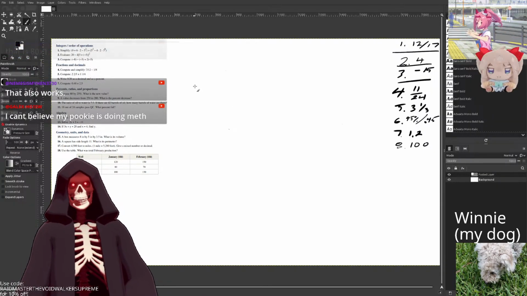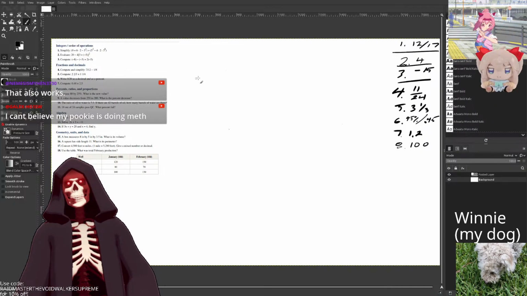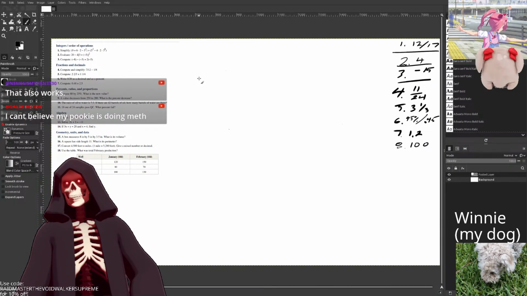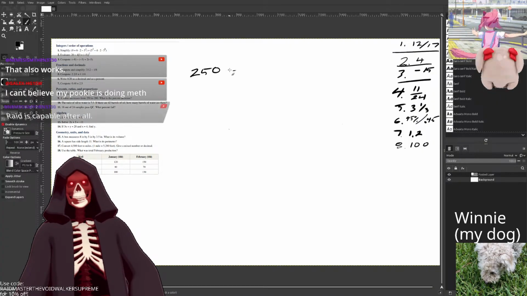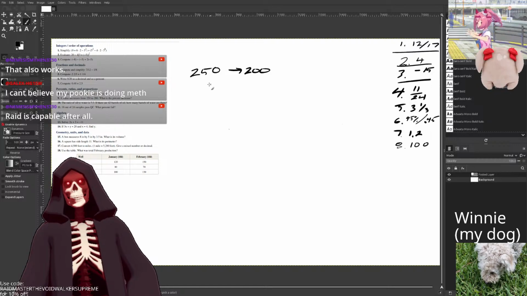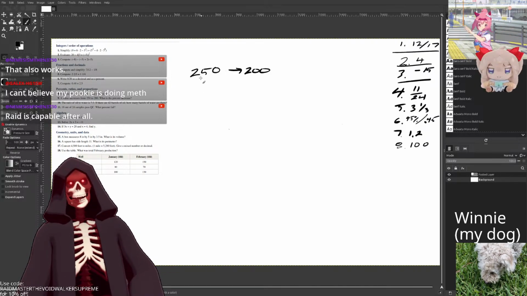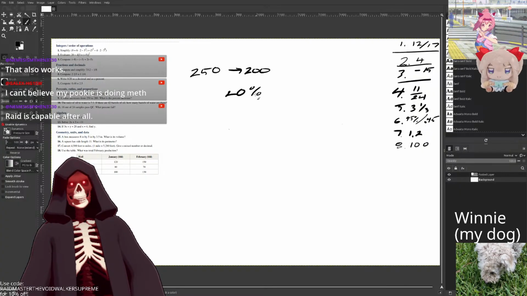It's inconceivable. Okay, a value decreases from 250 to 200. What percentage decrease is that? That is a 20% decrease.